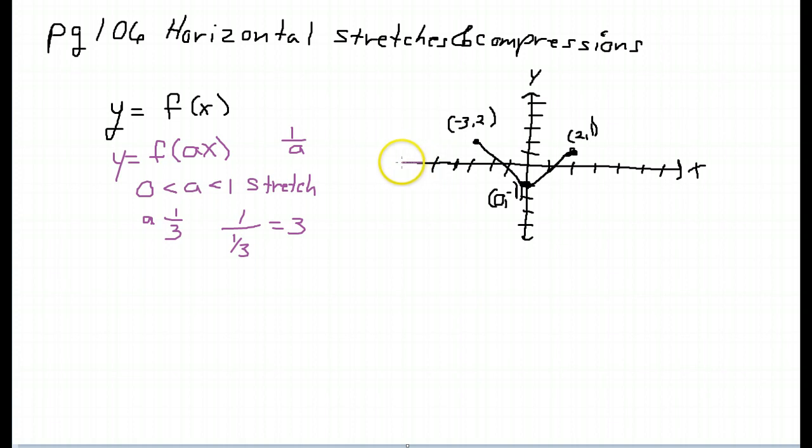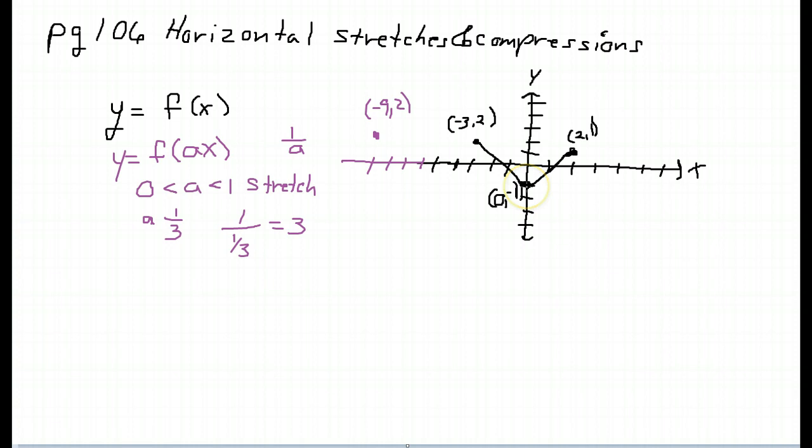Means I'm going to have to make this longer just for this graph. 6, 7, 8, 9. -3 times 3 gives you -9, which is way out here. So we have the point -9, comma 2.